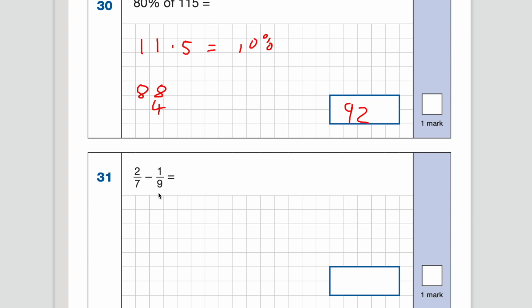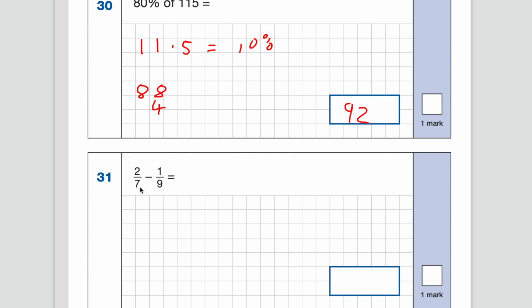31, we need to change the denominators here to be able to do this sum. So I know that 63 is in the 7 times table and the 9 times table. How do I know that? Because 7 times 9 is 63. So we need to turn these into 63s.